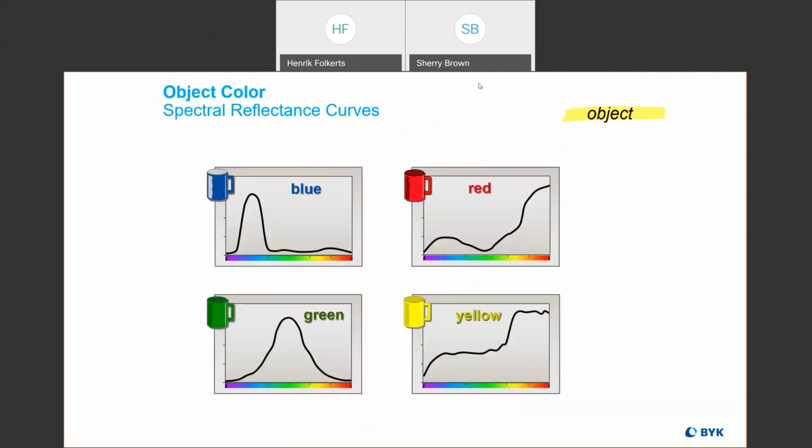Spectral curves in general are more complex than what you're seeing here. They tend to be fairly chaotic mixes of wavelengths, so it's not always as easy as this one on the top left where there's a big spike in the blue range and then almost no reflectance anywhere else, and so you know this is a blue.